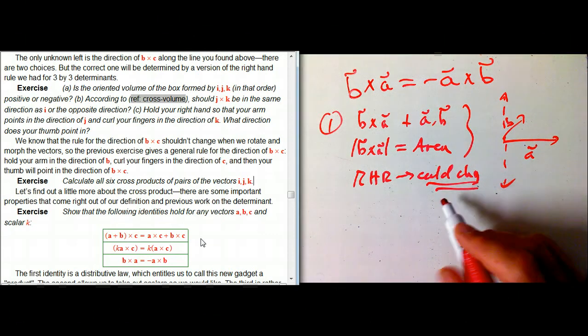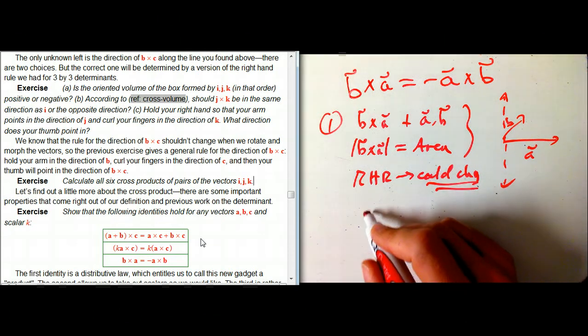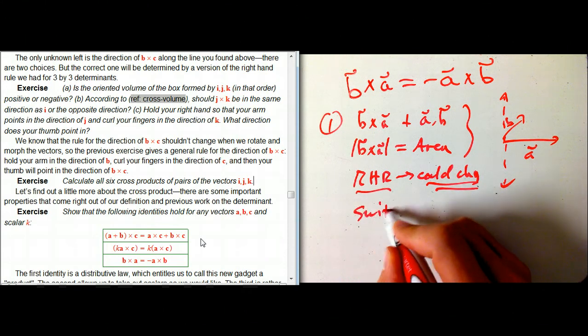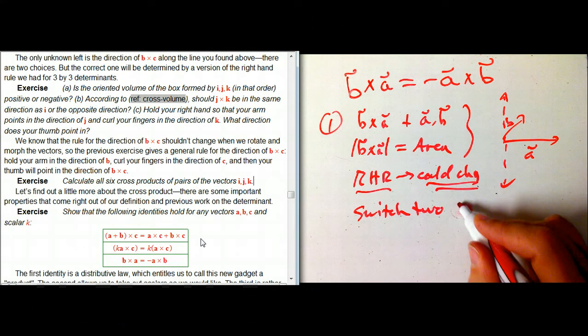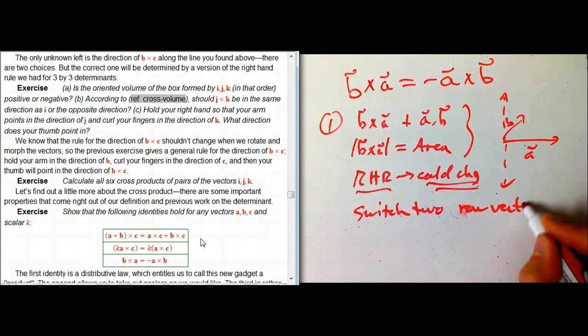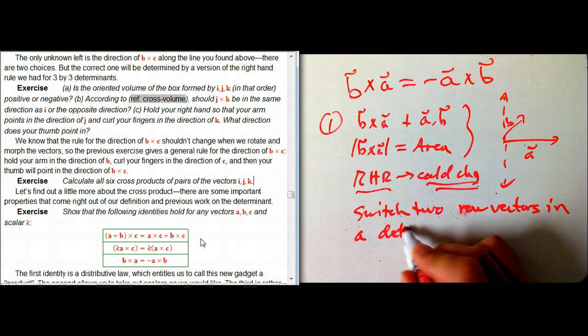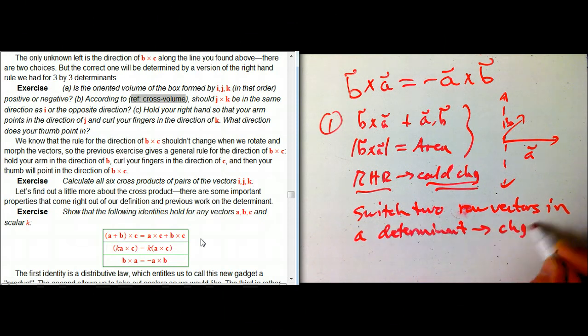And where did the right-hand rule come from? It came from the oriented volume stuff. So remember that when you switch two of these row vectors in a determinant, switching any two rows in a determinant changes the sign.